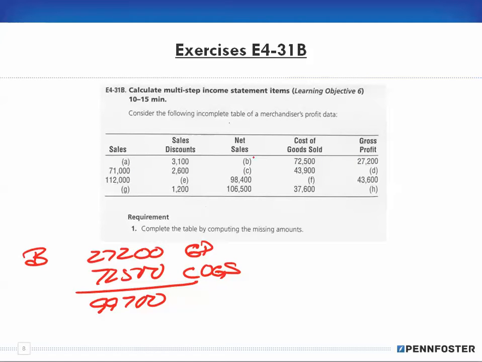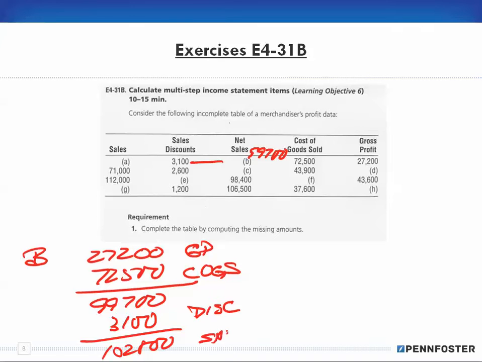And because we have $99,700, now we're still working backwards. So we're going to add in the $3,100 for a discount, and that'll give us $102,800 for our sales. So $102,800 for our sales. In order to do this, we had to work it backwards.